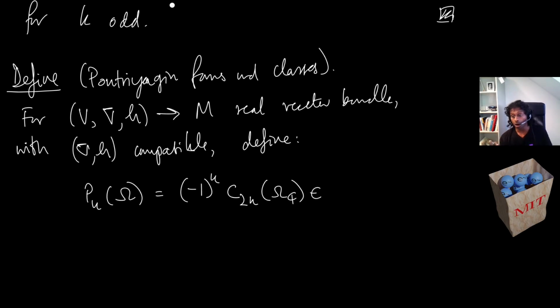We already know, even for a complex connection, that the Chern-Weil class lands us in real-valued forms. So this is going to be a form that lands us in degree 4k forms on M with real values.